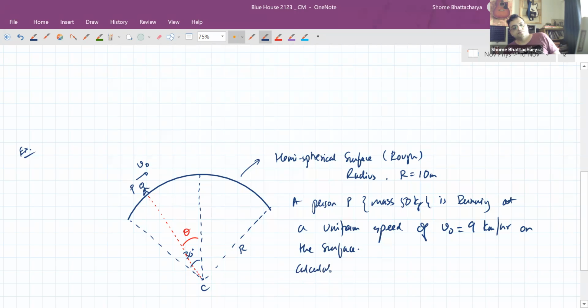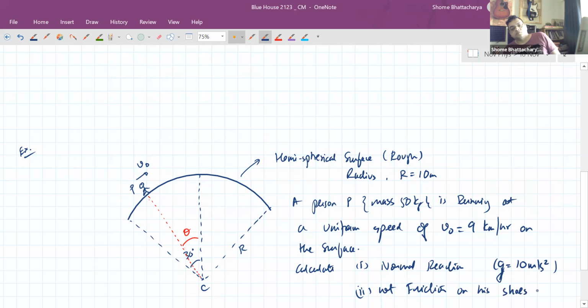Calculate the normal reaction, take g as 10 meters per second square, and the net friction on his shoes.